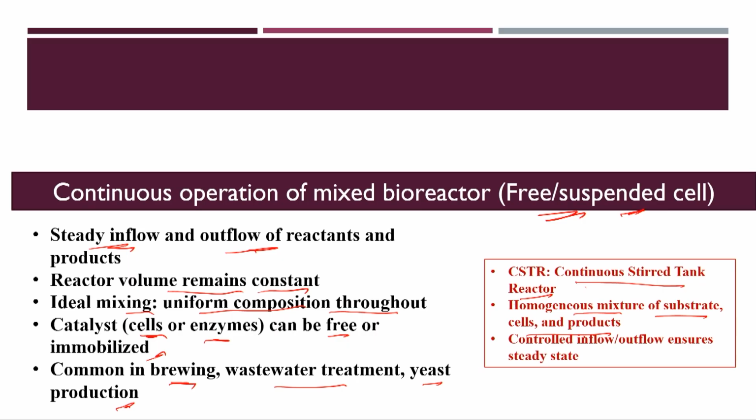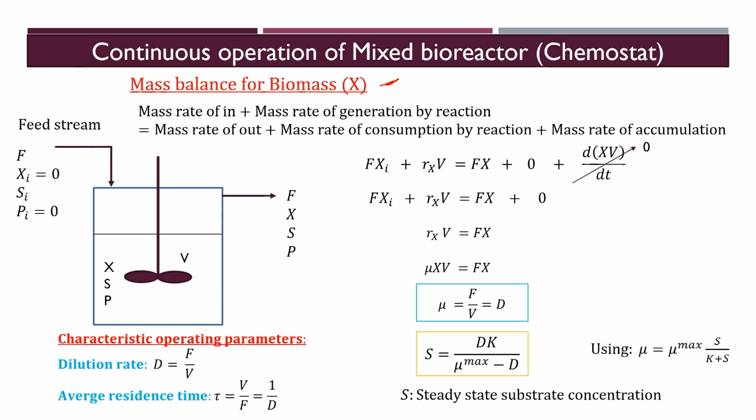Now, we will do the same exercise. First, we will do the mass balance for biomass. You just see this is the inlet, this is the outlet. So, mass in is F into Xi, rate of generation is Rx into V, mass going out is F into X, utilized, there is no utilization of biomass, plus rate of accumulation.